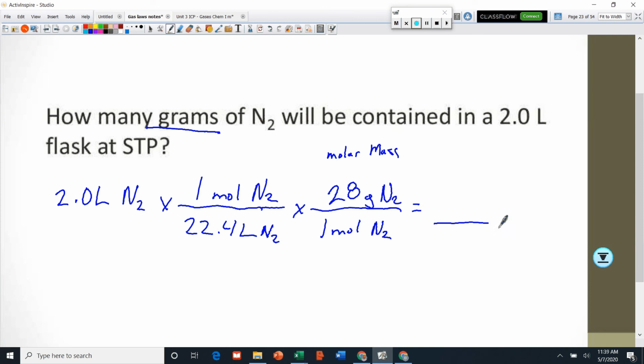And so we can simply solve for grams of nitrogen. 2.0 divided by 22.4 gives us 0.0893 moles, times 28 grams gives us that we had 2.5 grams of nitrogen that was contained. All right, moving on.